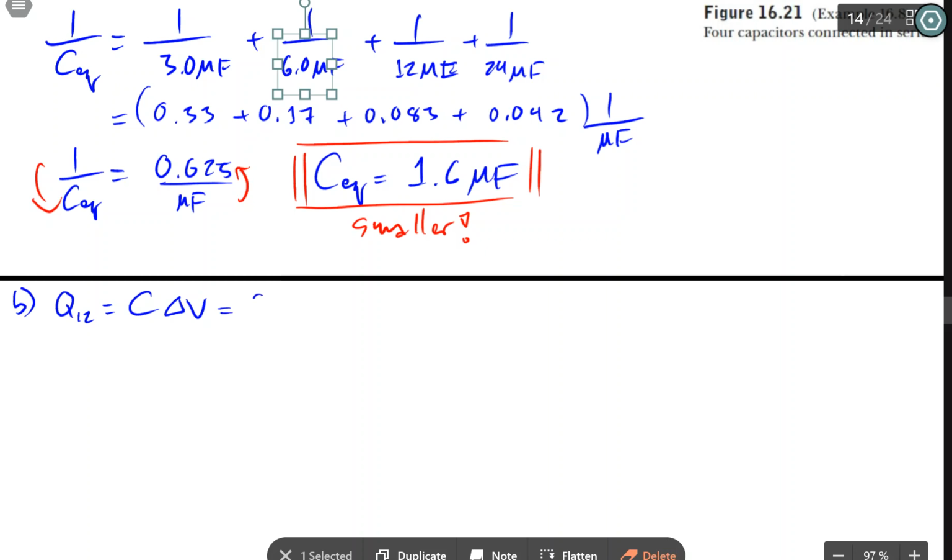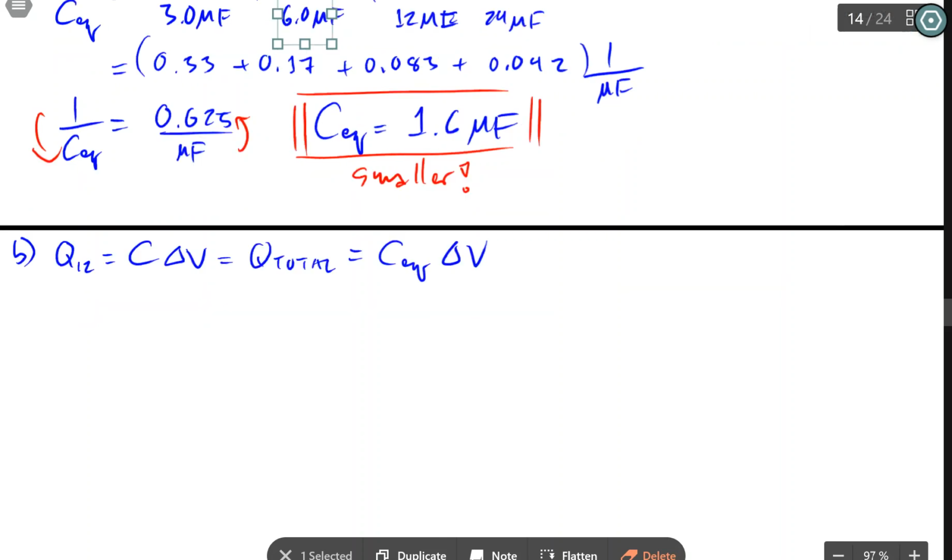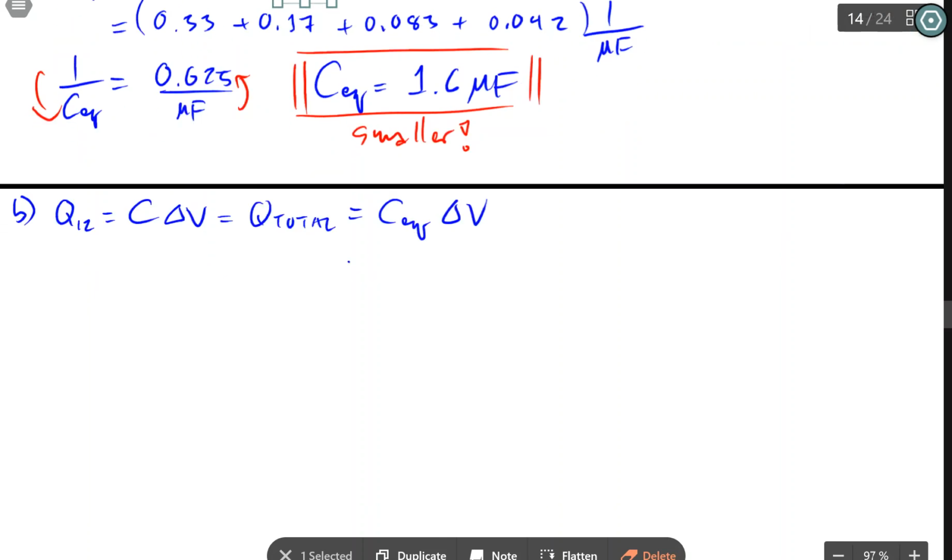So this is actually the total charge. So we can just use the equivalent capacitance times the 18 volts. So that's going to be 1.6 microfarads times the 18 volts, which should give us two significant figures. And once again, we're going to keep the micro, and we end up with 29 microcoulombs.